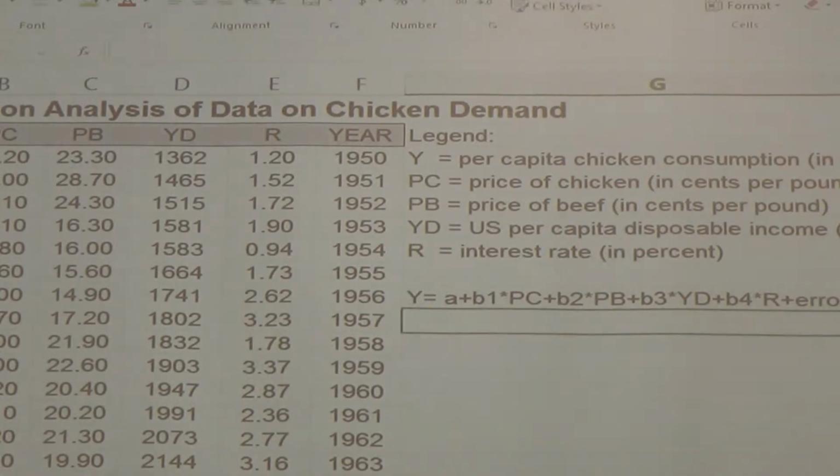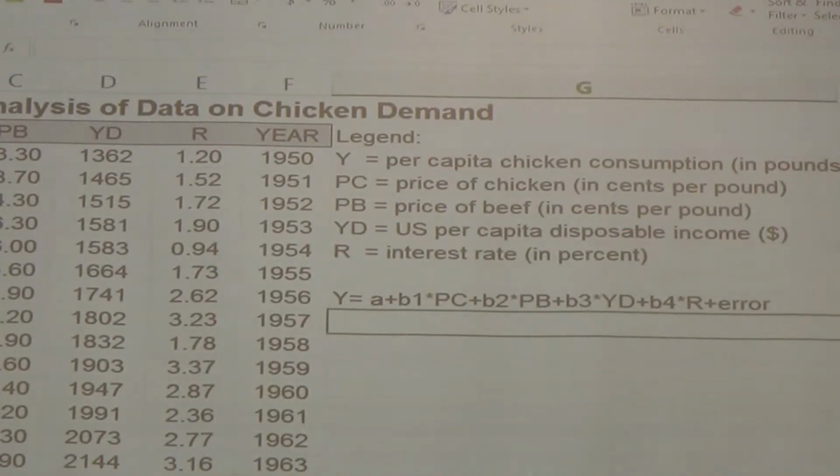That's the model. That's the model you want to estimate.